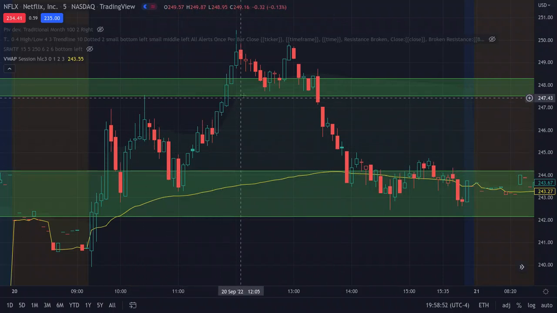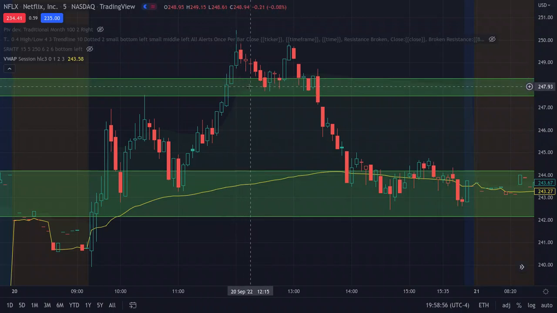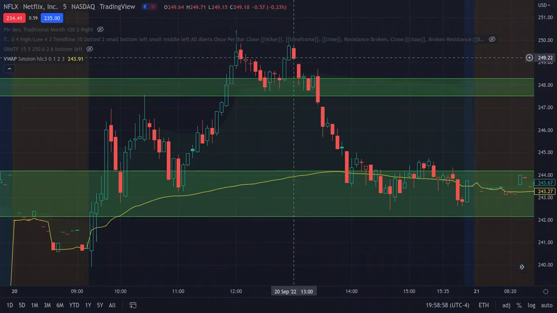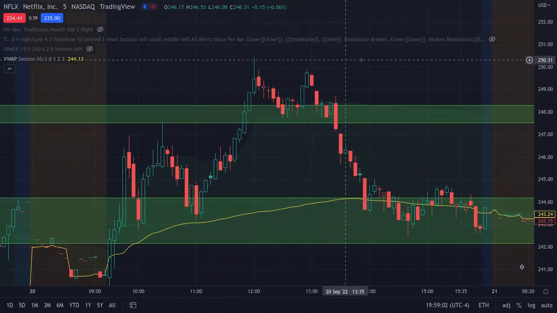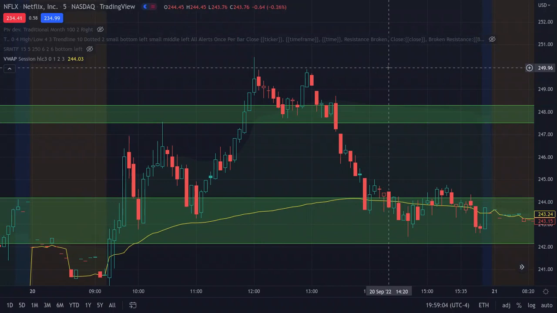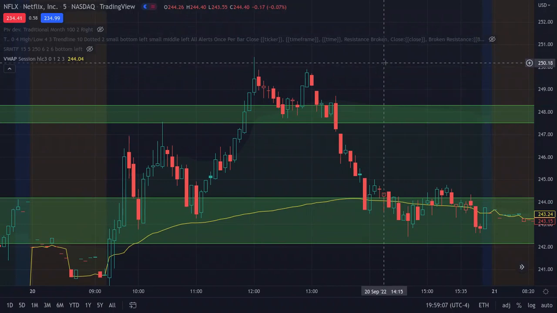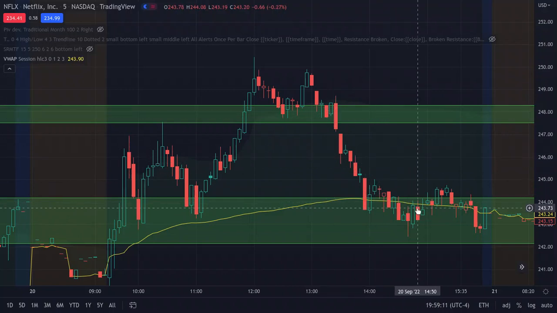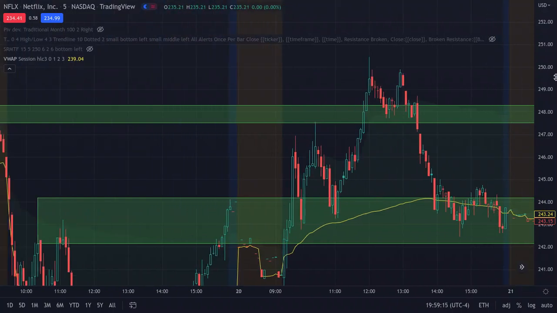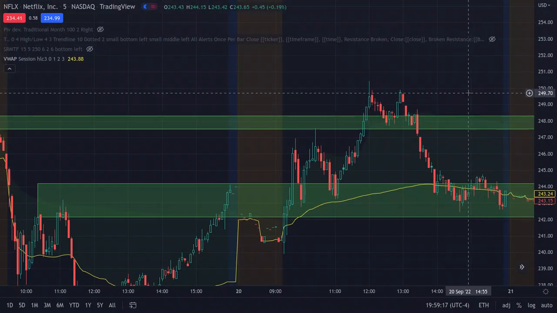So Netflix ran up, came into this 248, 249 zone, and I took a short position around right here, and I was stopped out. My stop loss, I put it around $250. So I was stopped out, but as you can see, if I held on a little longer, if I was maybe just a little bit more patient, it would have paid a little bit.